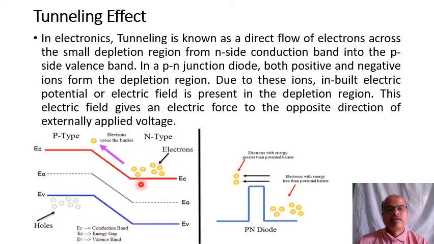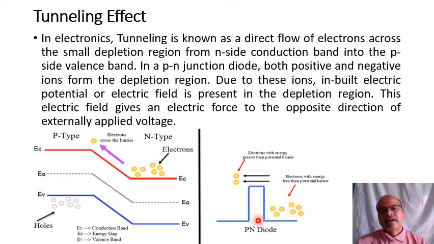As shown in this diagram, EC is the conduction band, EG is the energy gap, and EV is the valence band. Due to the tunneling effect, there is a direct flow of electrons across the small depletion region from the n-side conduction band to the p-side valence band.